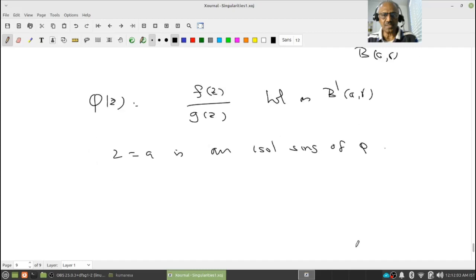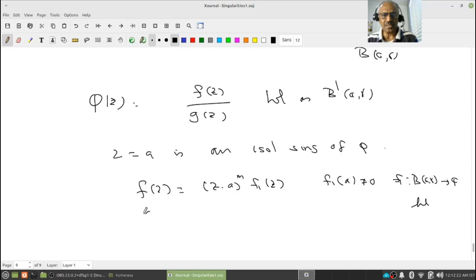Now what kind of singularity? Now let me write. I think this is what I should have used; it would have been easier for me. Let us write f(z) = (z - a)^m f1(z) so that f1(a) is not 0 and f1 is holomorphic. And similarly g(z) you write as (z - a)^n g1(z), such that g1(a) is not equal to 0 and g1 from B-bar to C is holomorphic.